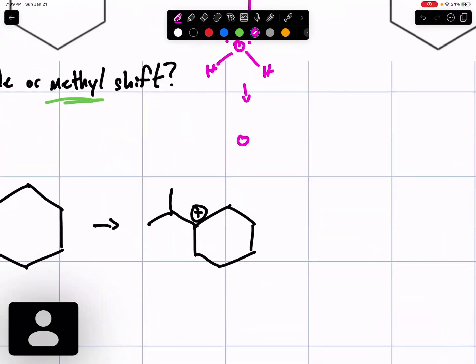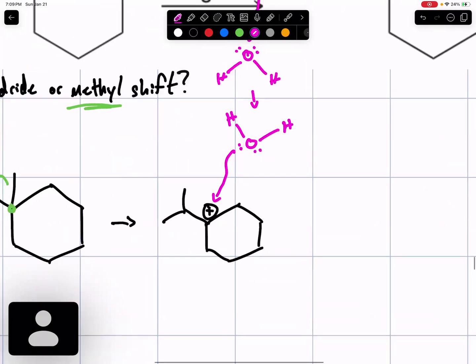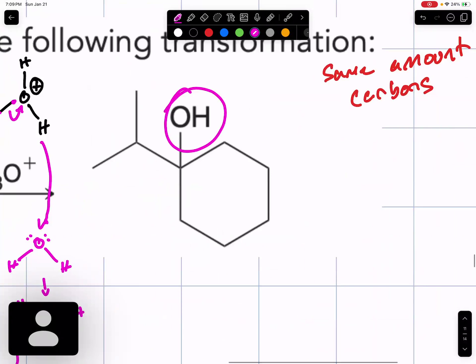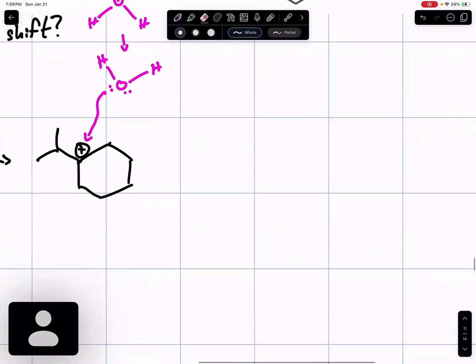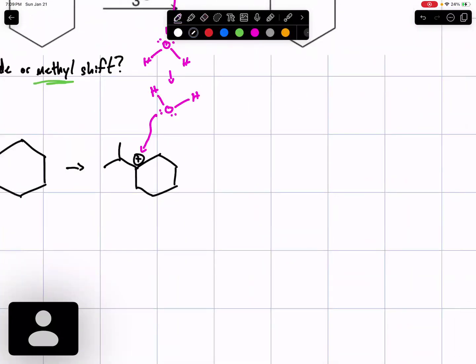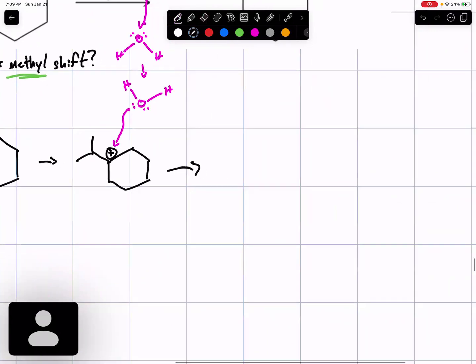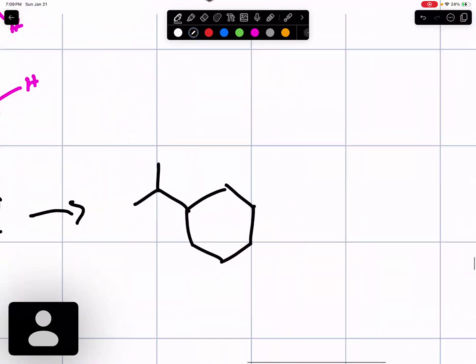Water now comes in and attacks this electrophilic position. That's how we get the hydroxyl group to add there, but there's one missing step with that.